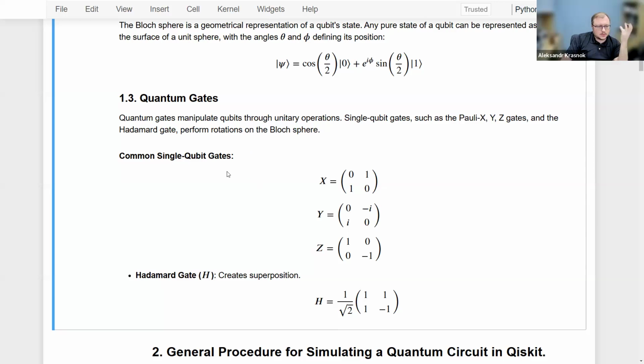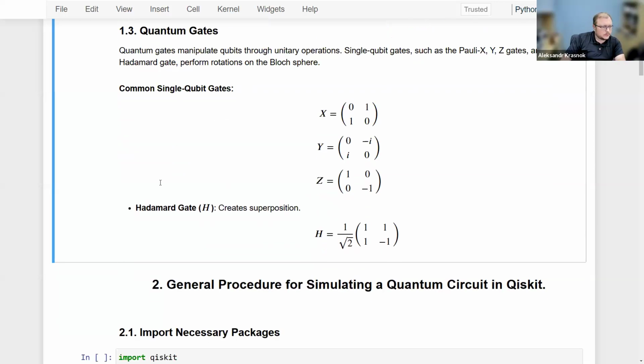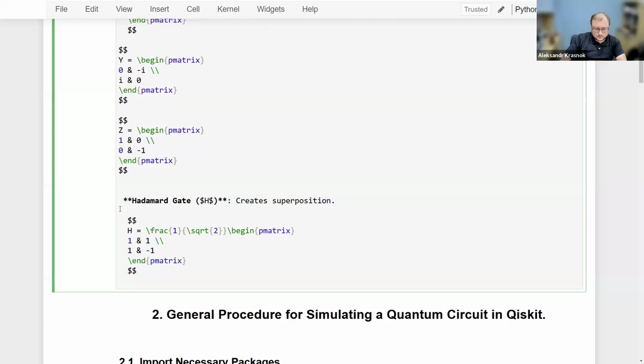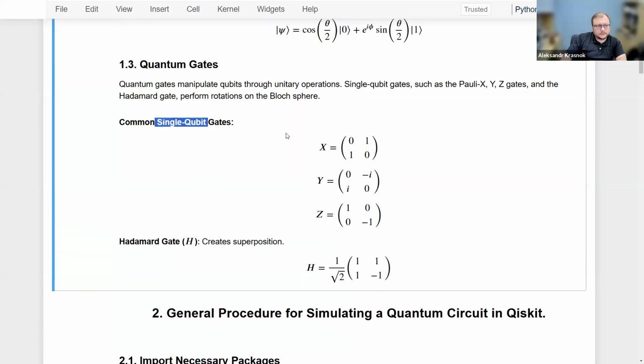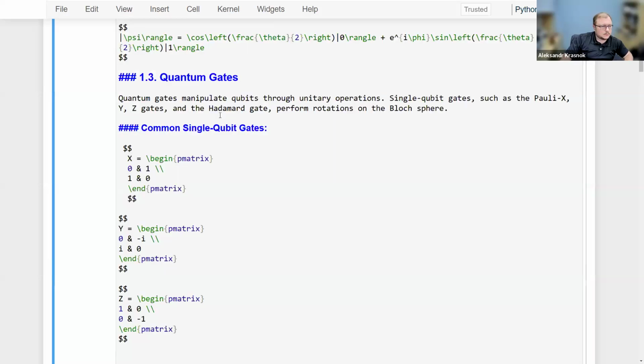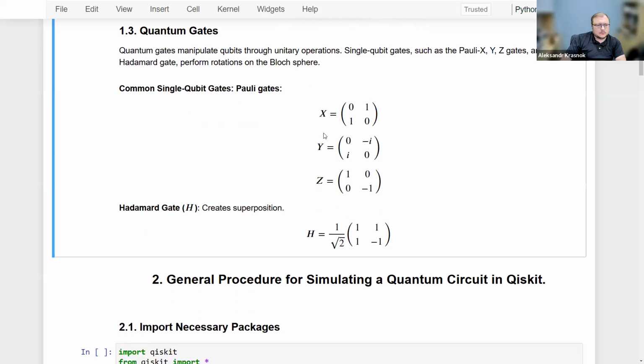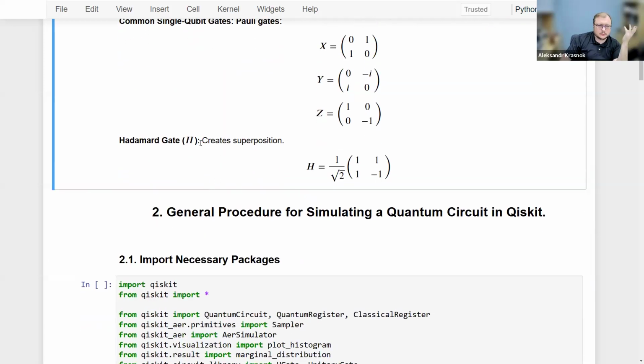The most important single qubit quantum gates are Pauli gates, X, Y, and Z, which essentially rotate this state vector around X, around Y, and around Z. And the Hadamard gate, indicated by H, it's an important type of gate because it creates superposition.